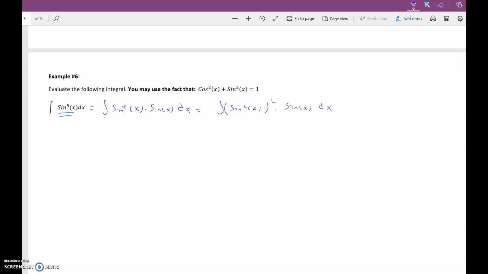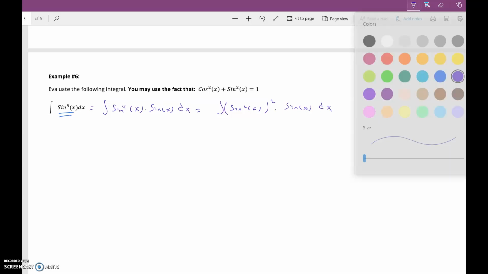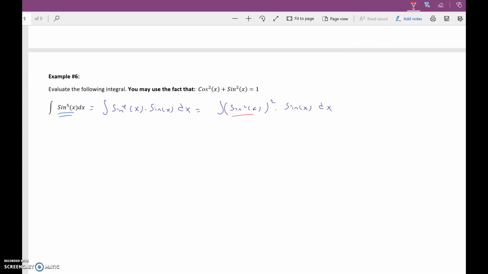Now, there's no advantage of using this format without having a cancellation. And if they want us to use cosine squared plus sine squared, we want this to cancel. So the most appropriate substitution here is that sine squared of x is equal to 1 minus the cosine squared of x.